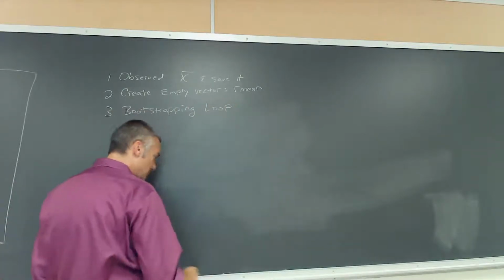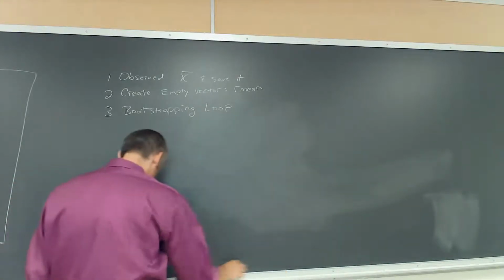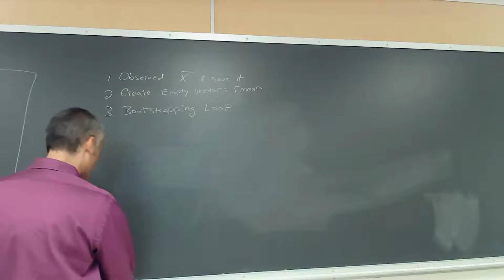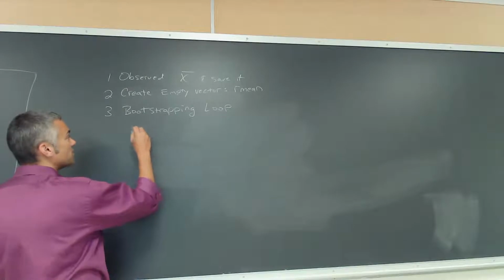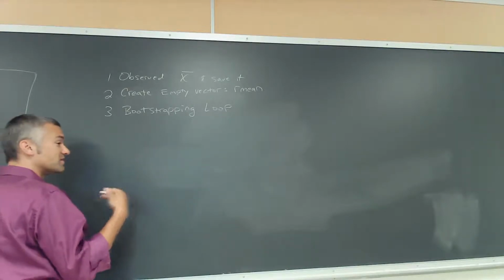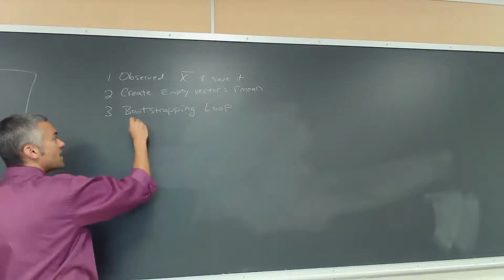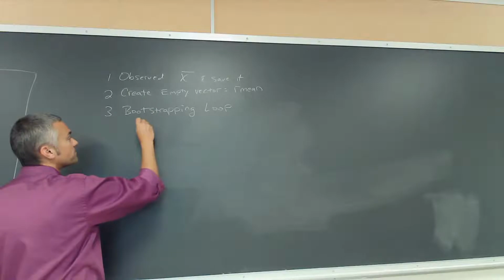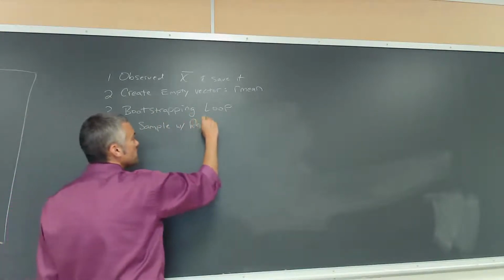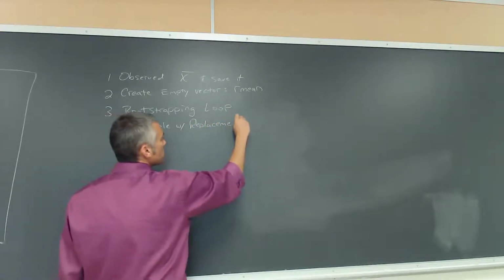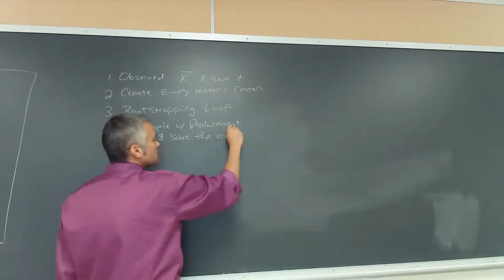All right. So our bootstrapping loop. What we start off with is for i in 1 to 1,000 or 10,000, right? And then what we're going to do is create a randomized vector. We're going to sample with replacement and save the vector.